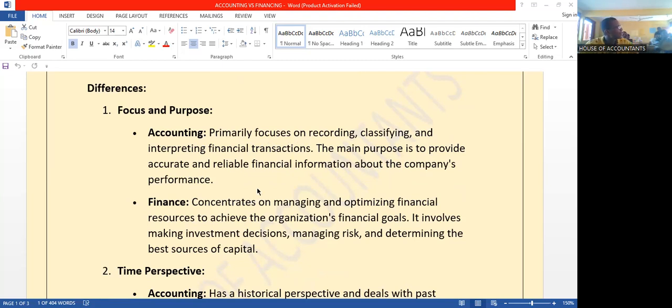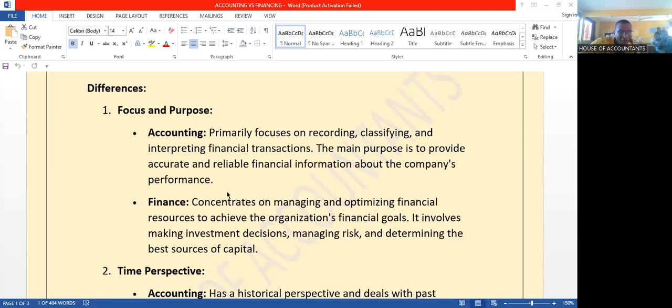So what they have been doing for a year, for 2 years, for 3 years, we use that to evaluate their performance. Are they doing well? How much is their income? How much is their expenses? How much is their profit for that year? How much is their gross profit and the like?